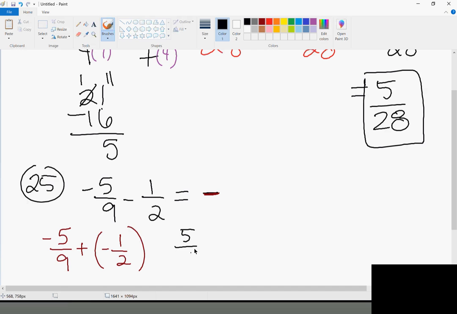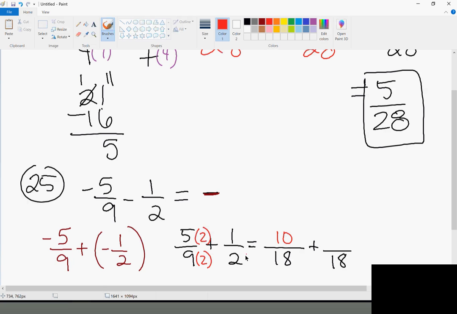So now we want to get common denominators. So we're going to use 18 as our common denominator. So how do I get 18? To take 9 to 18, I'm going to multiply it by 2. We'll have to do it at the top as well. So 5 over 9 is equal to 10 over 18.